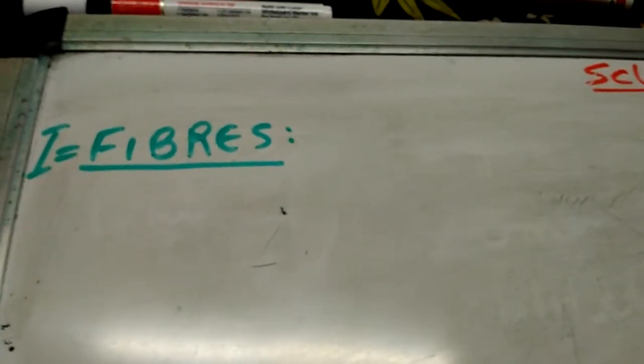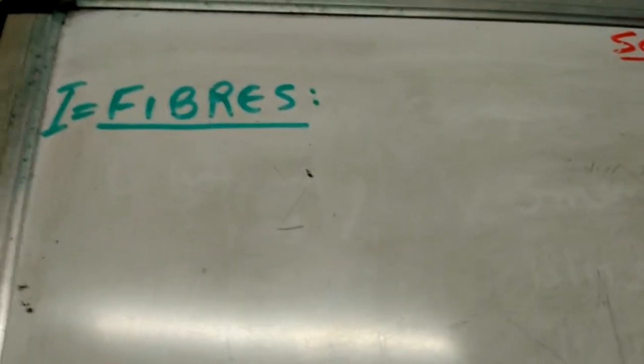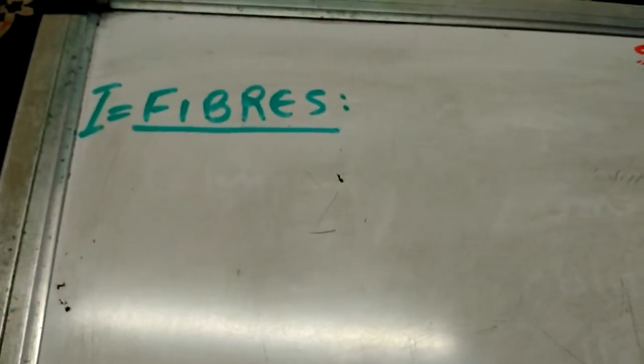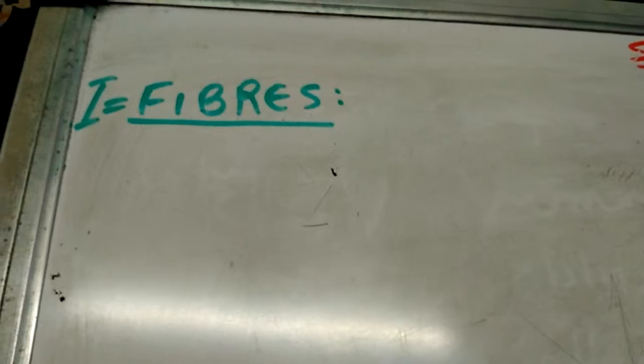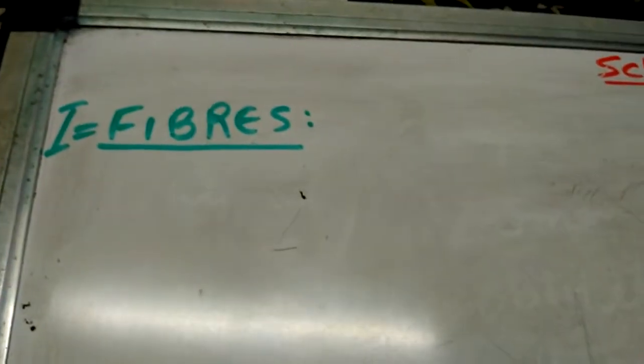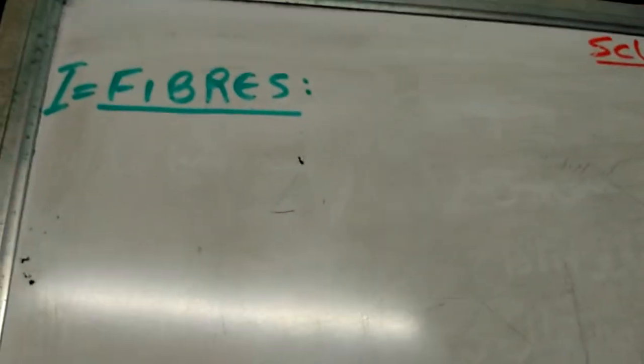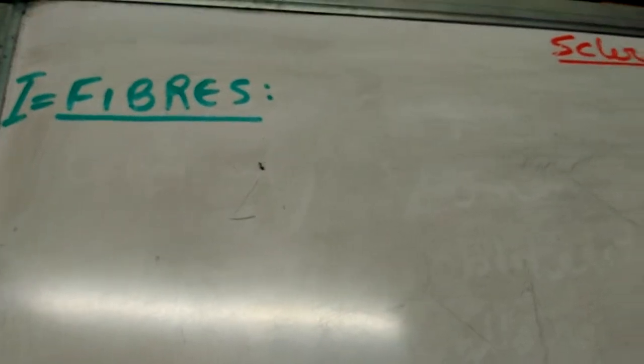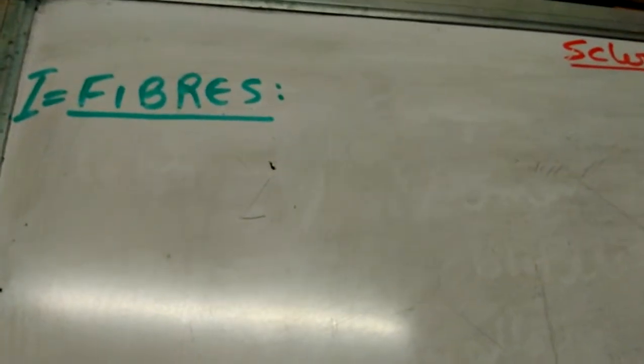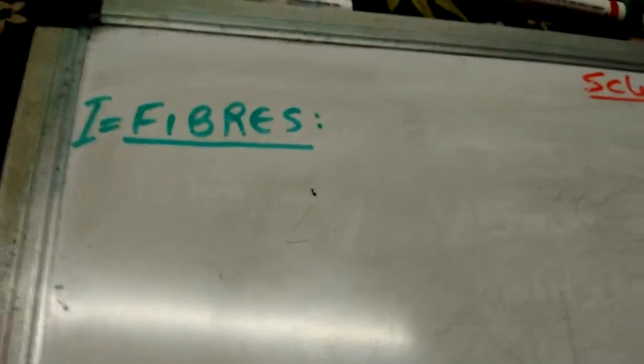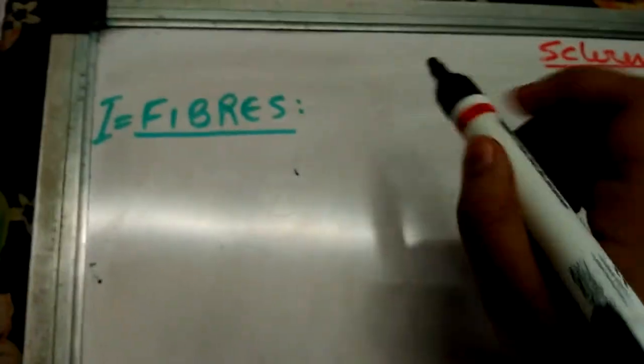Some other points regarding fibers are that they are commercially very helpful, very much in use for commercial purposes. For example, we get hemp from Cannabis sativa. Cannabis sativa is a plant from which we get hemp.